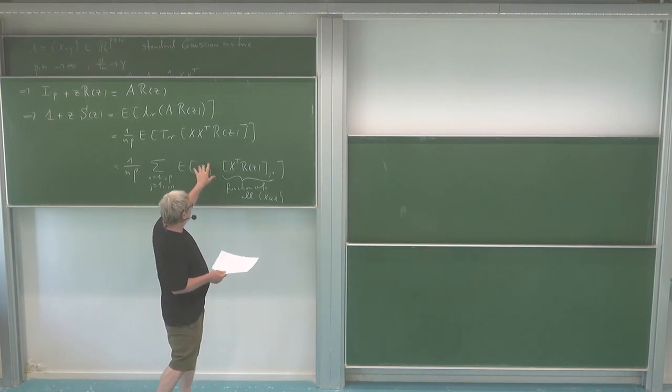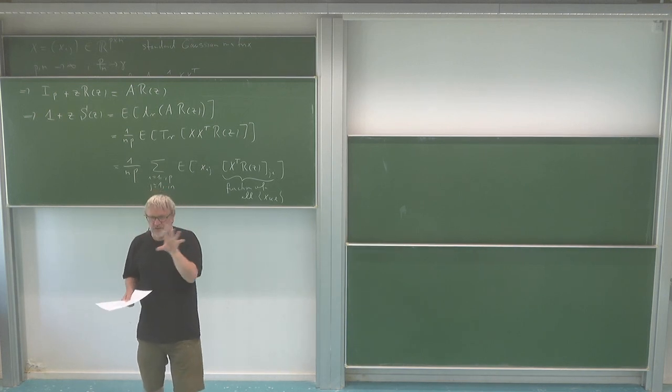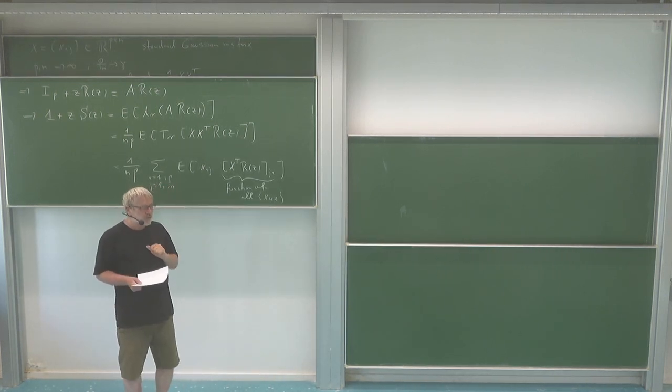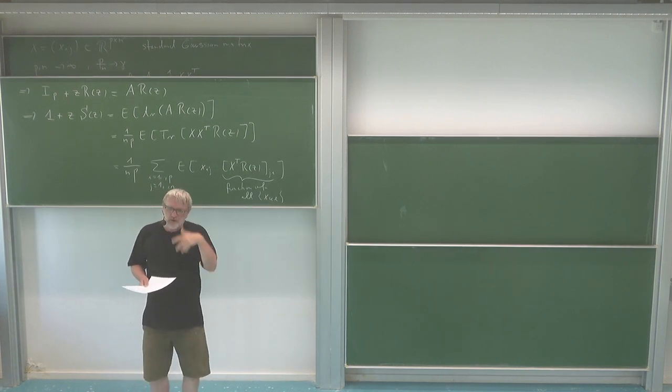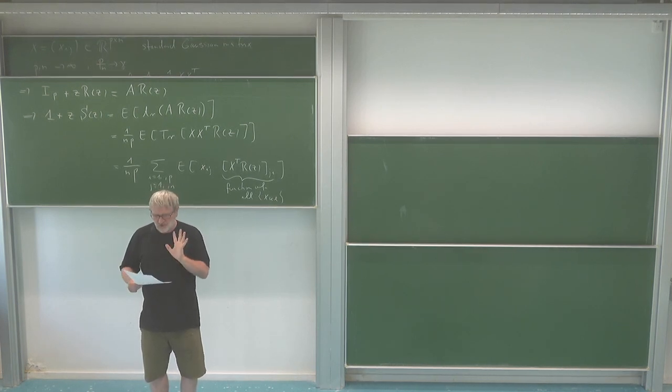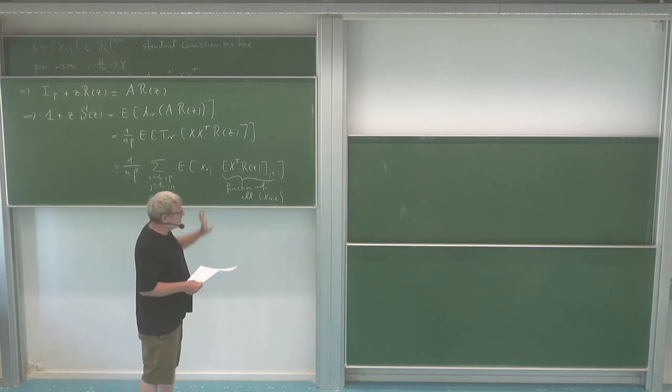That's what I have here. The entries of my X matrix are independent Gaussians, and so I can somehow rewrite the expectation of taking one of these Gaussians and multiplying it with a function of all of them, and what I get is actually the expectation of the derivative. That's Stein's identity. And this will then be useful later.